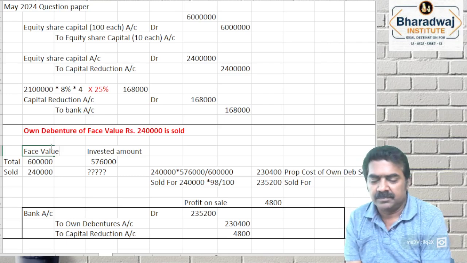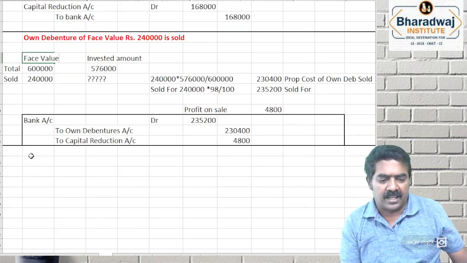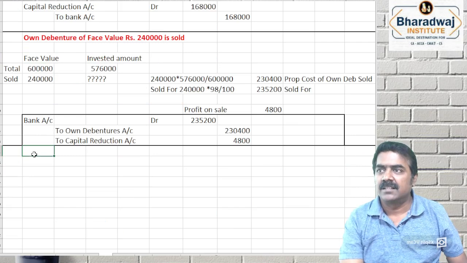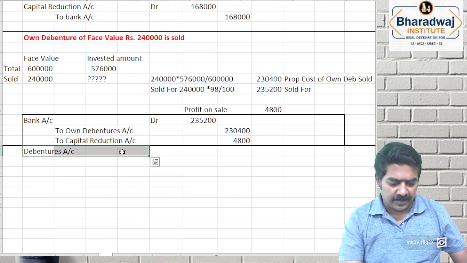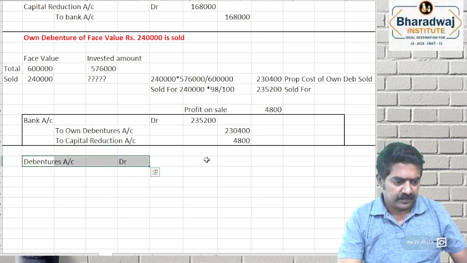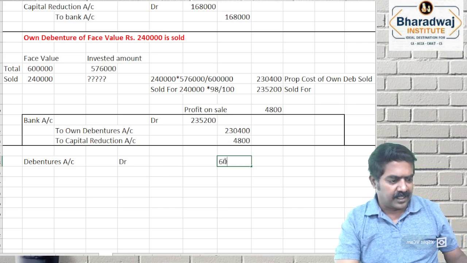The remaining own debentures are cancelled against debentures. Debentures account debit is very simple. Out of how much is cancelled? Total 6 lakhs nominal value.